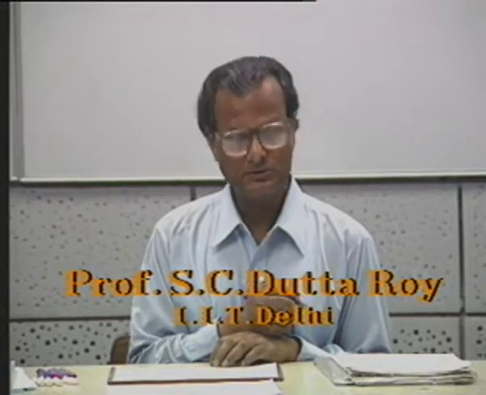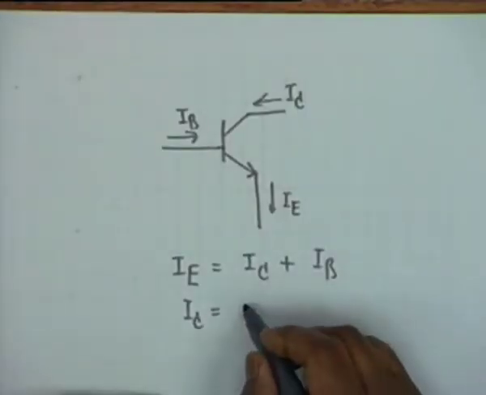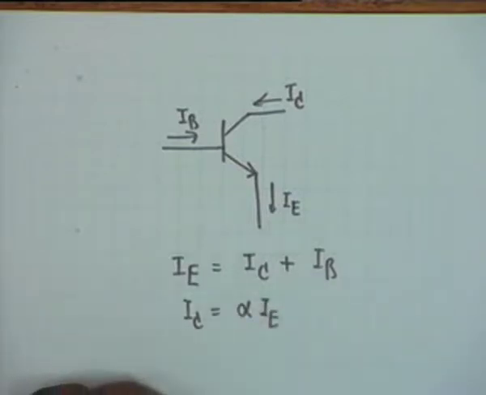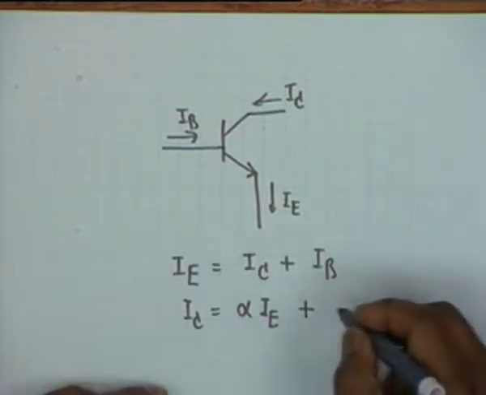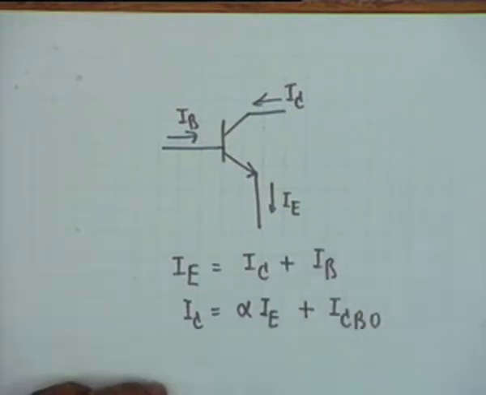And we also know that the collector current is a fraction of the emitter current, alpha IE, where alpha is less than 1, and in addition, because the collector junction is reverse biased, there is a reverse saturation current ICBO flowing in this circuit.